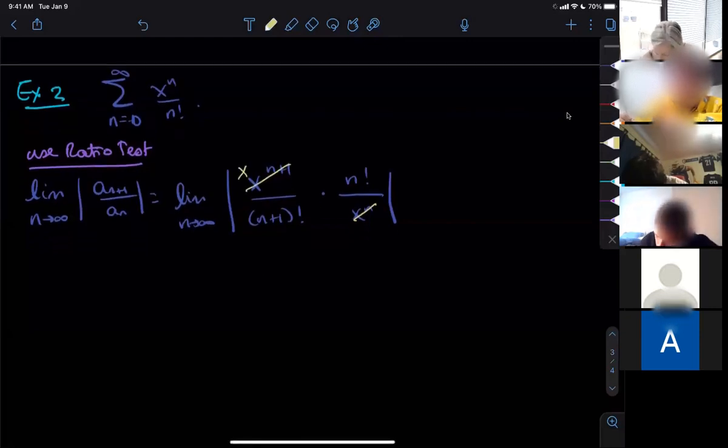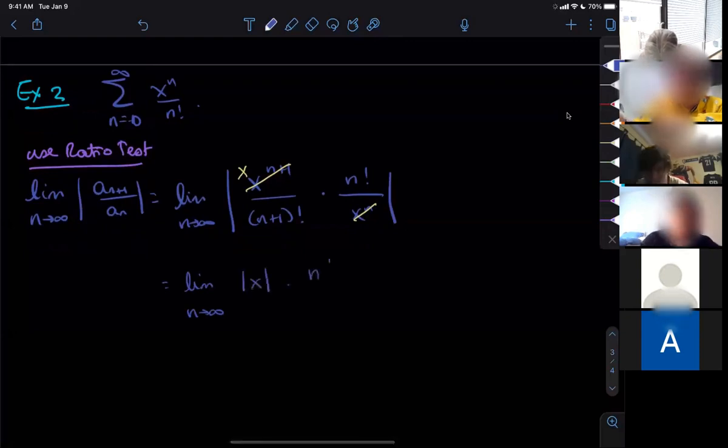What do I do with the factorials? You can change the bottom one and then the n factorials will cancel out. Yeah, that's right. So instead of n plus 1 factorial, I'm going to write that as n plus 1 times n factorial.